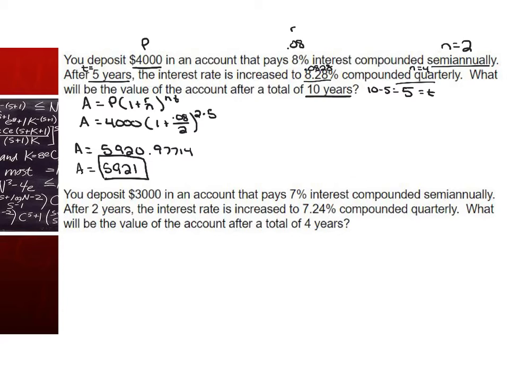Now we're getting to the part where the interest rate is increased. My account has $5,921 in it, so I restart the problem with $5,921, but now I have 8.28% interest, so that becomes 0.0828, compounded quarterly, so N is 4.